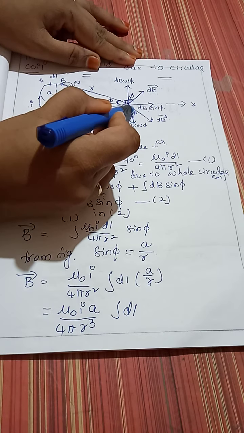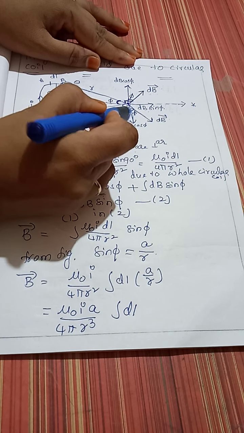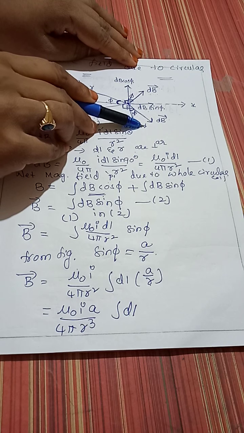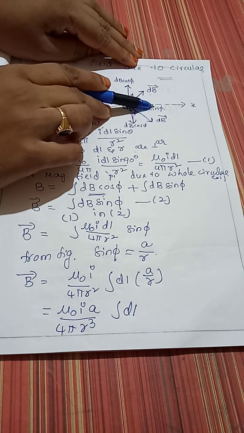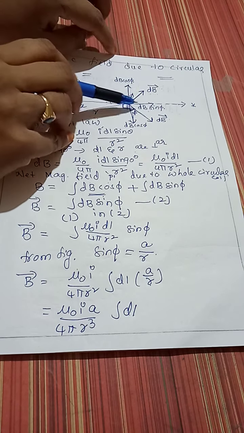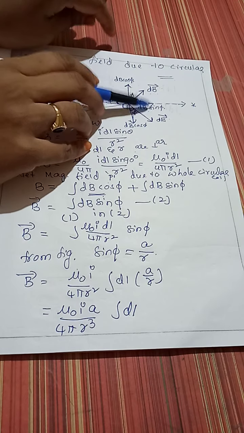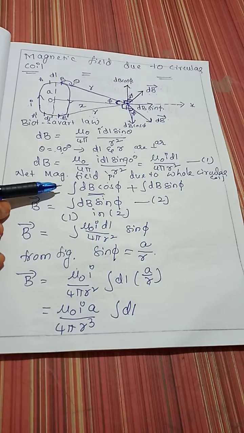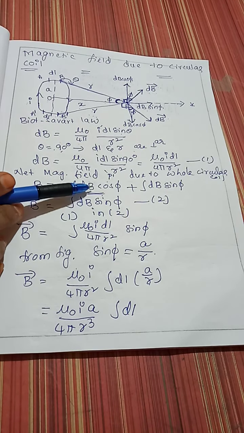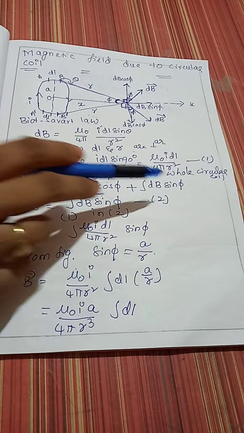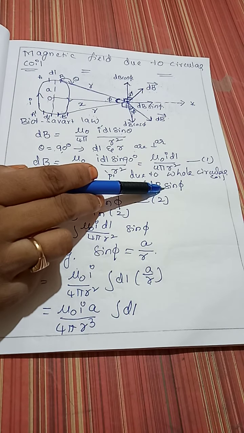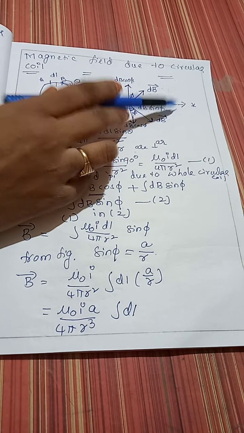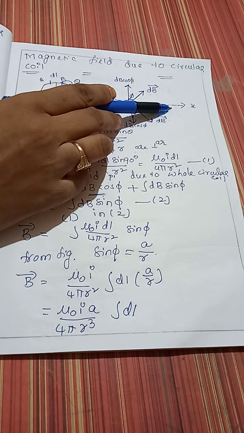When this angle is 90 minus phi, this angle becomes phi, so the perpendicular component is dB cos phi and along the plus x axis is dB sin phi. The parallel components are along the axis, so they add up with each other.